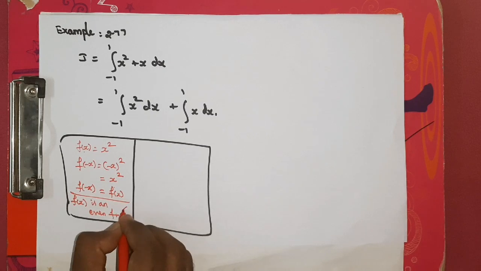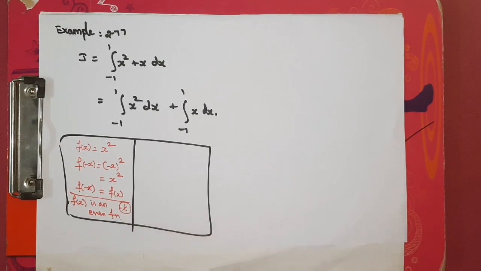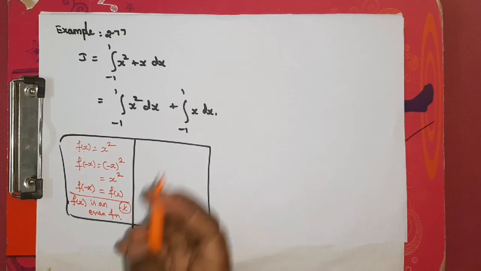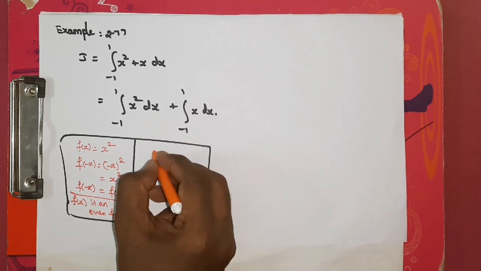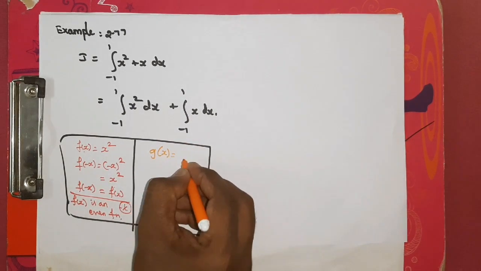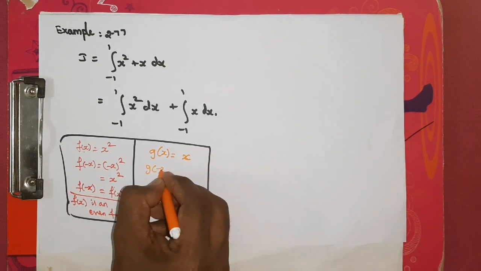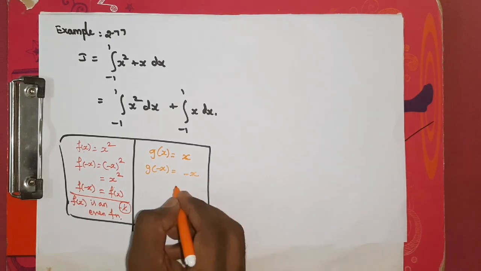F of x is an even function. Okay, this is the important point, right? On the other side we have one more integral, and the integrand part is x. So that one I'm going to take as g of x. So g of x is equal to x. Let's verify whether it is odd or even. Put x as minus x. So you have minus x.